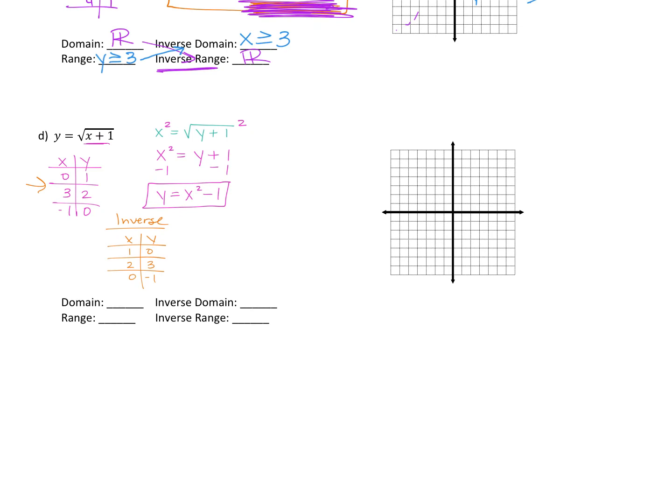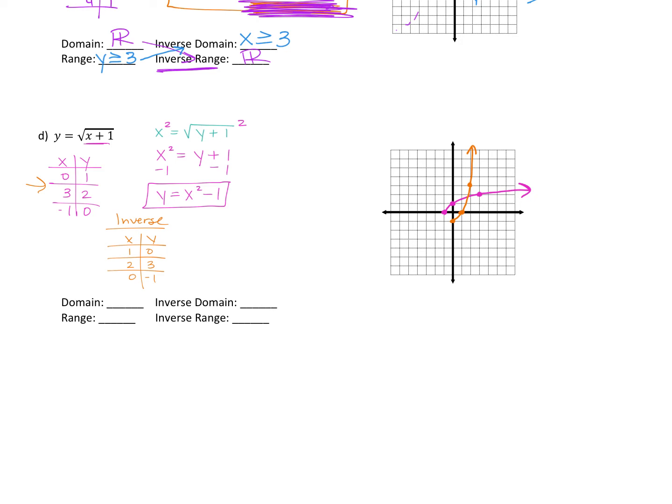Your starting one is 0, 1, 3, 2, and -1, 0. So this is what the graph looked like. And we graphed it, right? So then you know, okay, I saw it on my calculator, that's right, this is what I want. The inverse then is going to be 1, 0, 2, 3, and 0, -1. So that's just this half of the parabola that we were seeing is our graph.